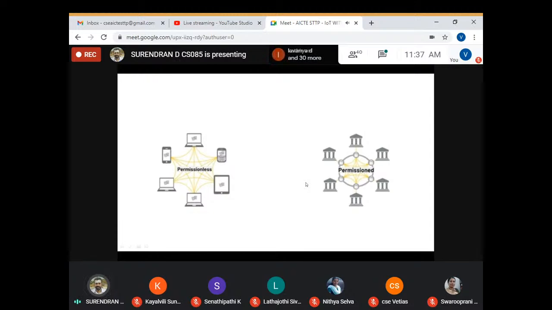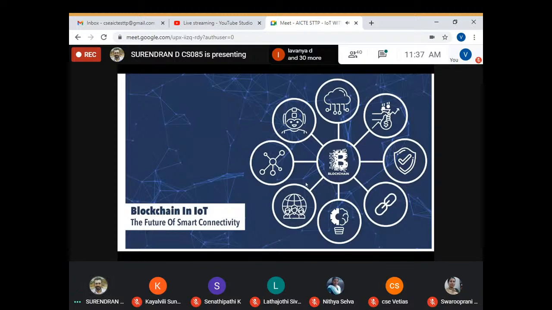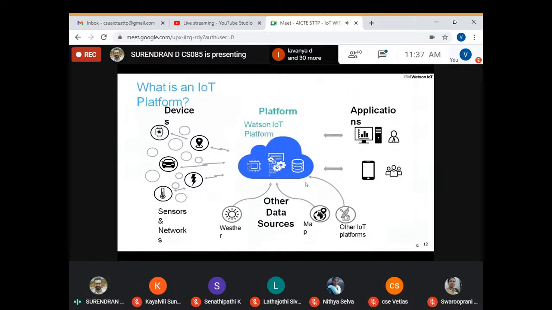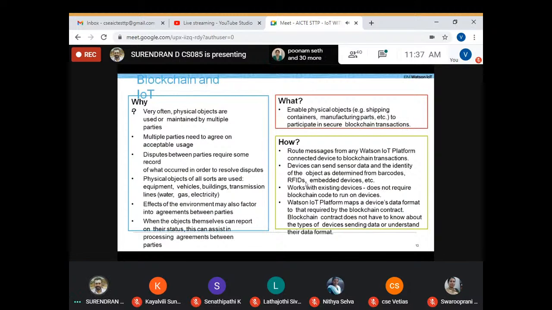Now I go to blockchains in IoT, the features of smart connectivity. I've explained why we need to integrate blockchain and IoT. Very often physical objects are used or maintained by multiple parties, and multiple parties need to agree on acceptable usage. We call this an SLA, a service level agreement. When disputes between parties arise, some record of what occurred is required in order to resolve them, as I told you.